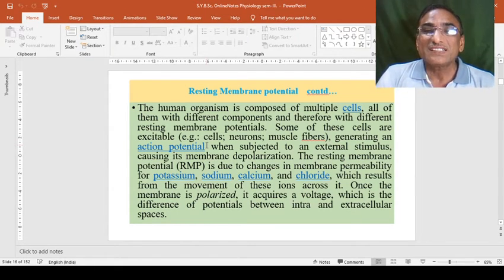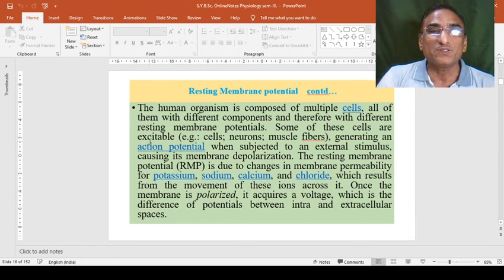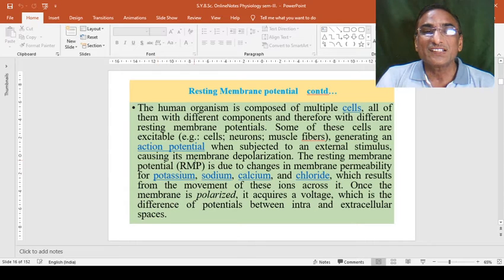But this action potential is generated only when an external stimulus is received by these cells, causing membrane depolarization. Now, what polarization and depolarization are, we will see in our next topic.